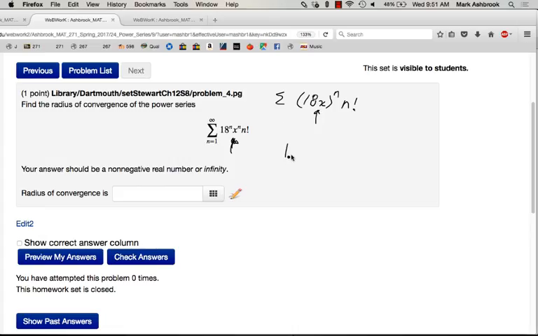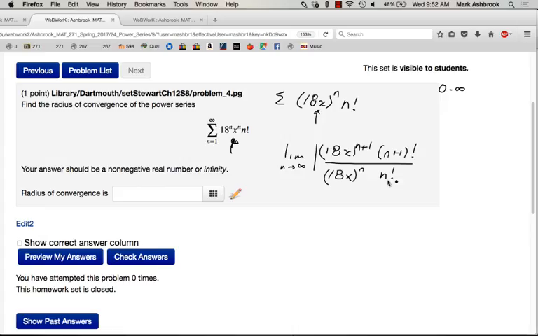Well, we do the ratio test to find out. Because we could imagine super, super small values of x, this going to 0, this going to infinity, so that's an indeterminate form. So what we get here is 18x to the n plus 1 times n plus 1 factorial over 18x to the n, n factorial.